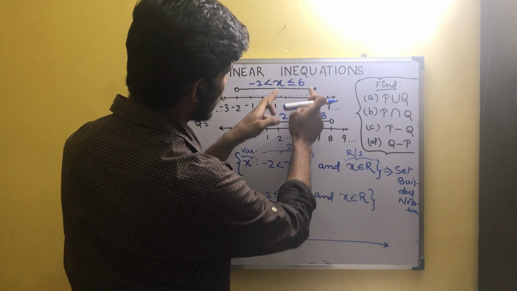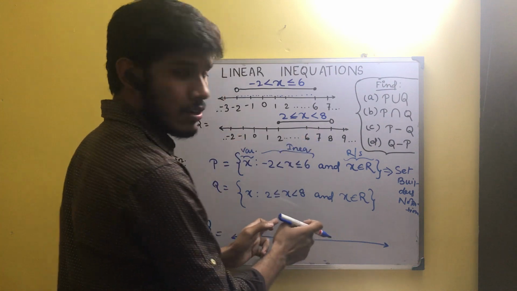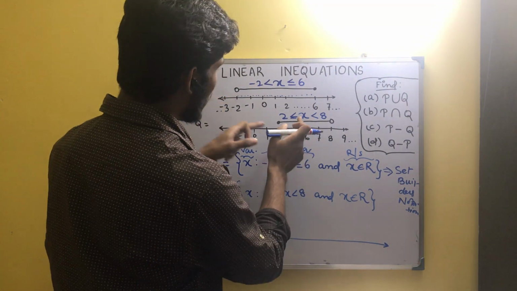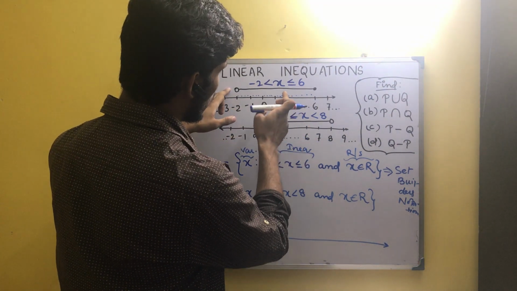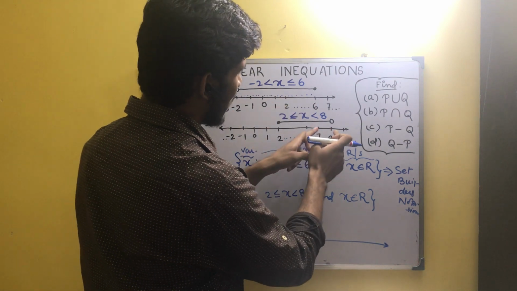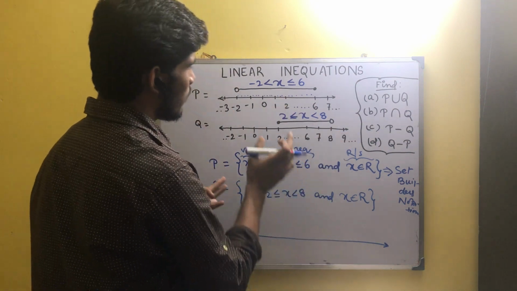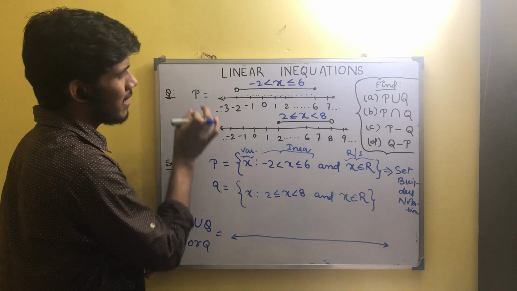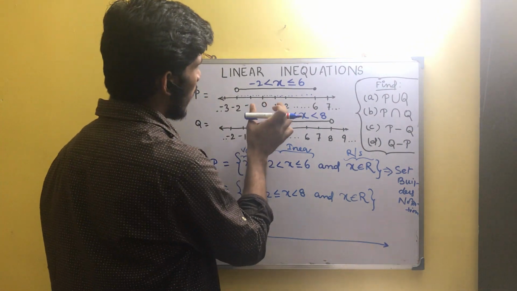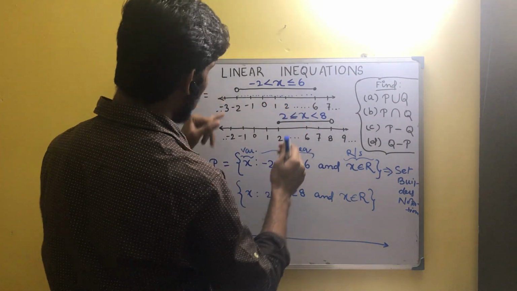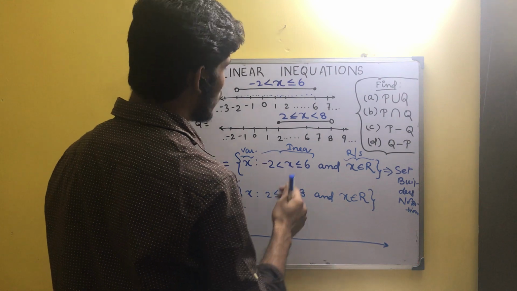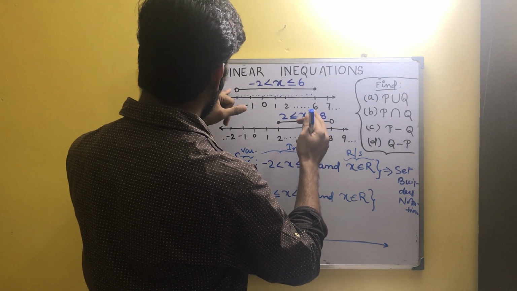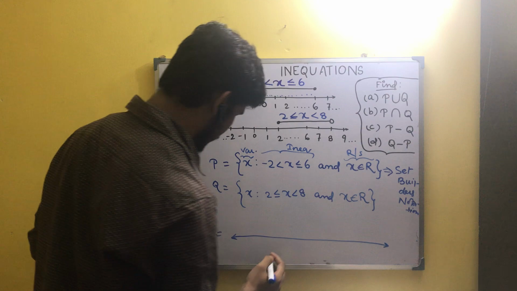Because 2 to 6 is common in both. We need to represent it only one time. But apart from that, from -2 to 2 and from 7 to 8, these are the parts that are exclusively in P and Q respectively. So the answer for P union Q will be from -2 to 8.